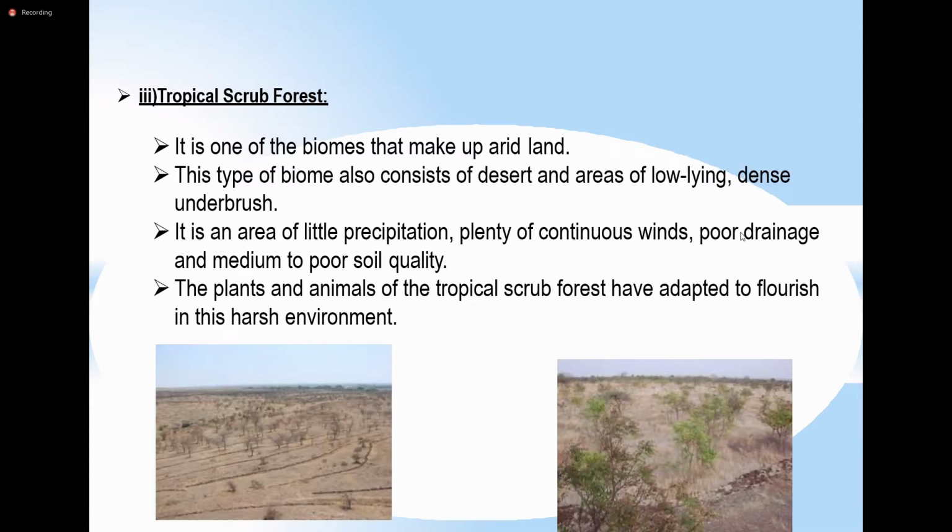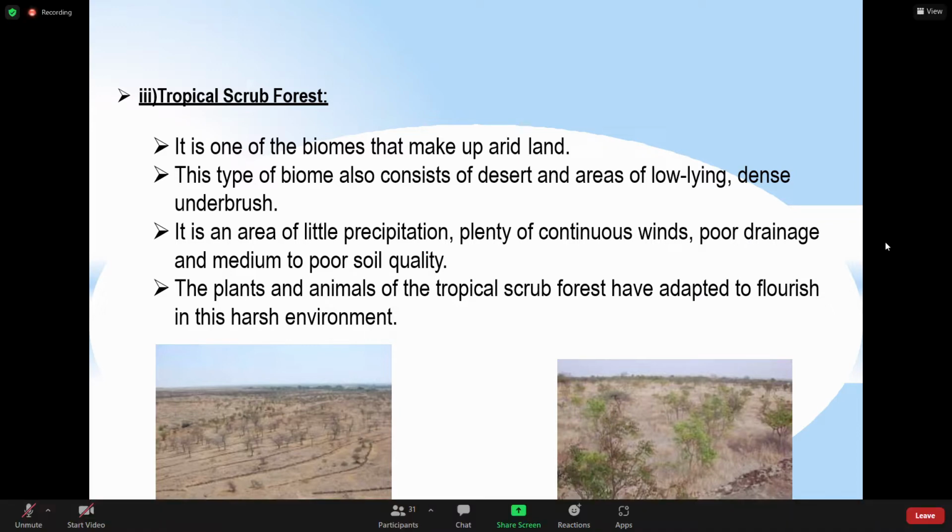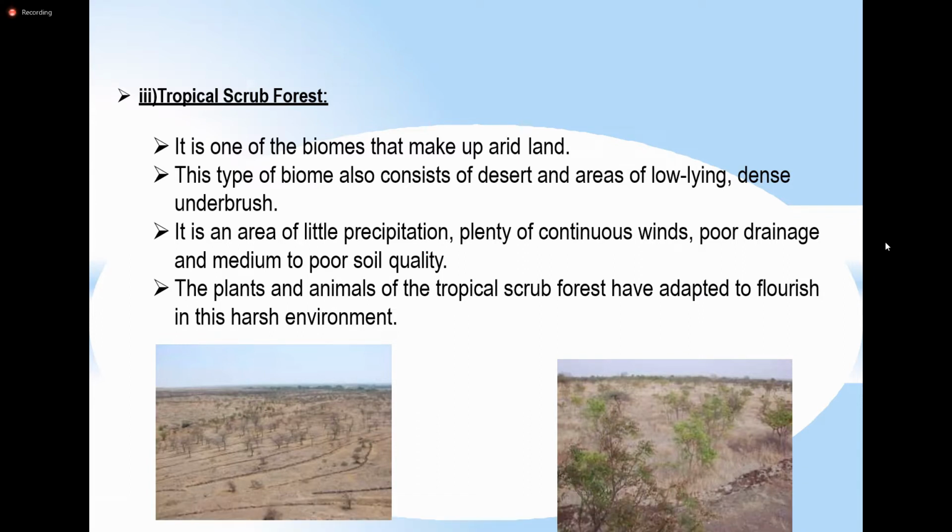But that doesn't mean the trees are not there. The trees are there, they have shed their leaves and they are not visible as green from a far off distance. But their trunk, their branches are still there. So as soon as the monsoon starts and they start getting water, these leaves pop up and they make the whole hill look green.